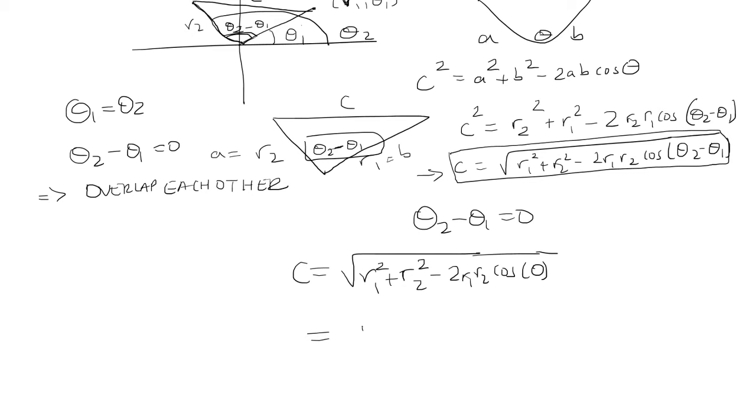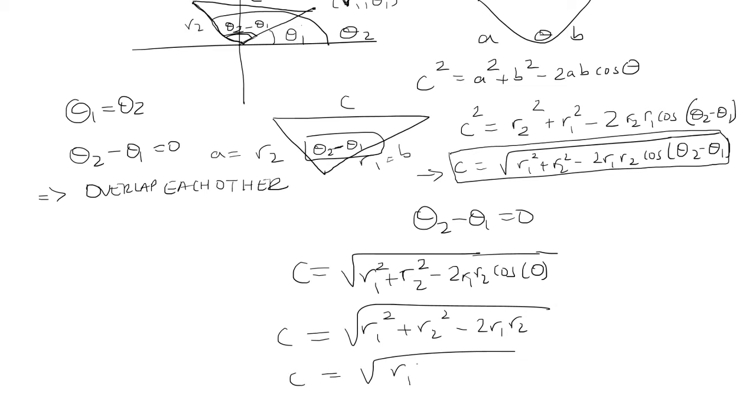Cosine of 0 is just 1, so this is the square root of r1 squared plus r2 squared minus 2 r1 r2, which I can write in factored form. It's r1 minus r2, quantity squared, which is really the absolute value of r1 minus r2.